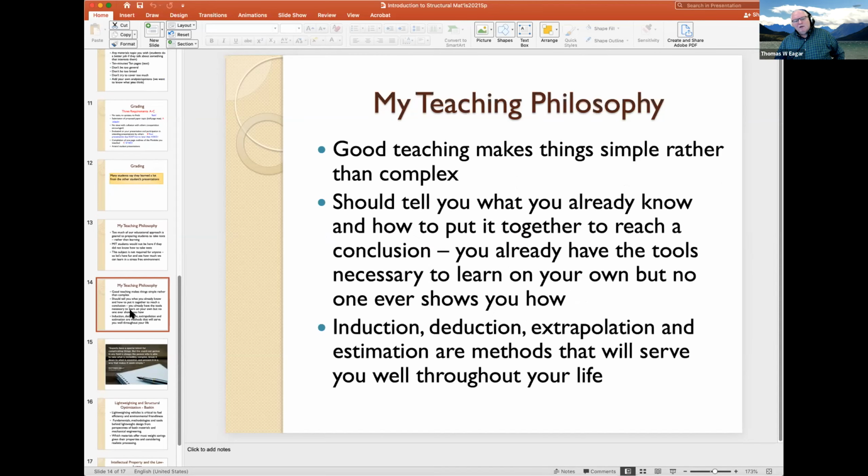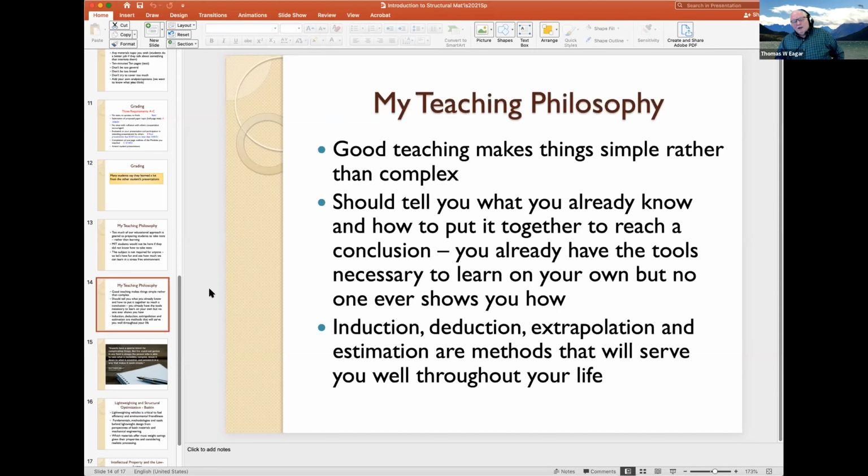let's see. Good teaching makes things simple rather than complex. That's something that I think all the lecturers in this course will do. A lot of other courses, the professor is trying to teach you how complex something is, okay? Rather than to show you how it really is simple.